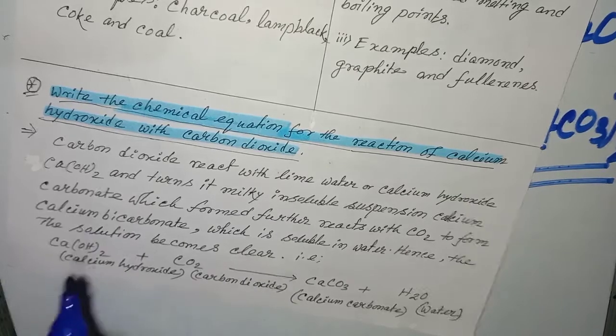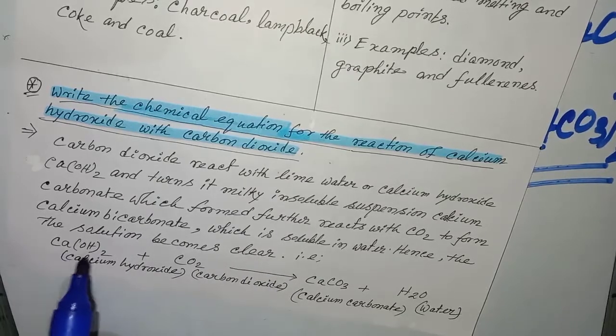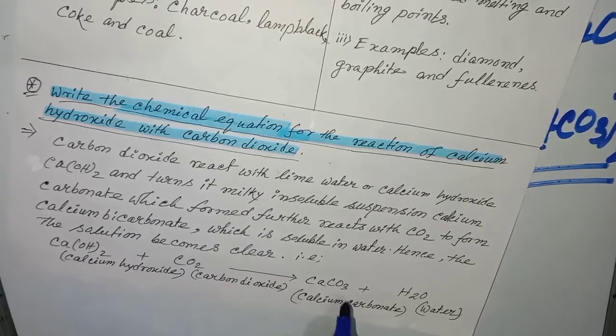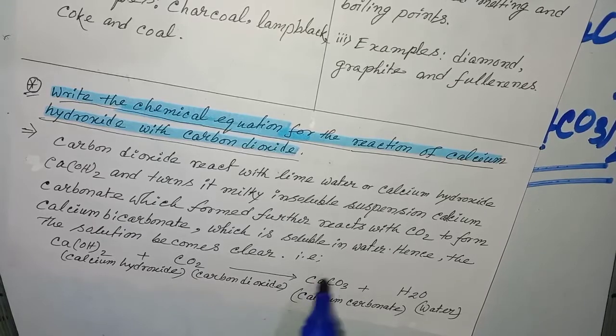That is the equation again repeated. Ca(OH)2, calcium hydroxide, plus CO2, carbon dioxide, forms the product CaCO3, calcium carbonate, plus water, H2O.